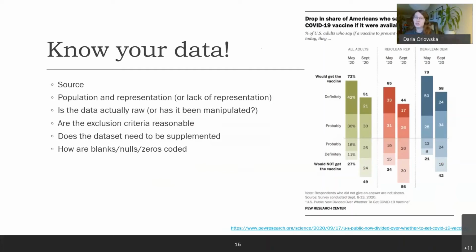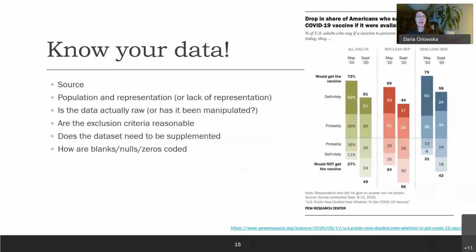Is the data raw? Has it been manipulated in any sort of way? Is there some sort of reference to that? If you are reusing data, was there an exclusion criteria that was implemented? And was that reasonable? And are you missing data within your data set that needs to perhaps be supplemented in order to get something more represented? And how are things that are blank or have no response treated within a visualization or within a data set?